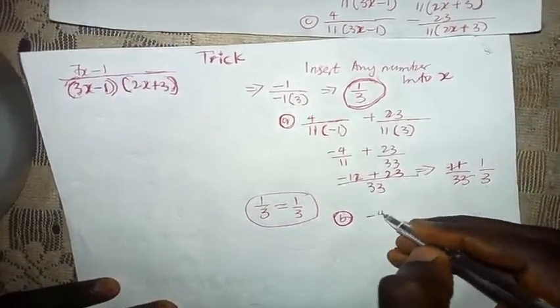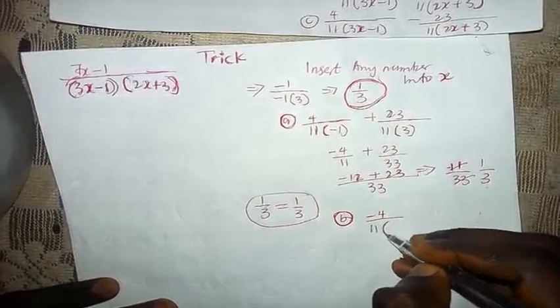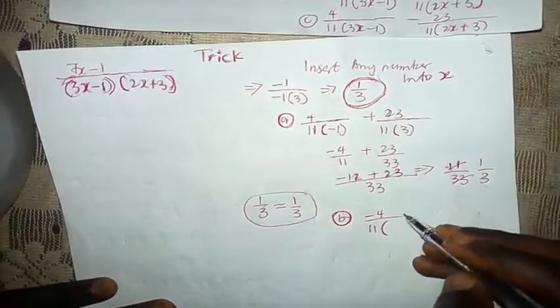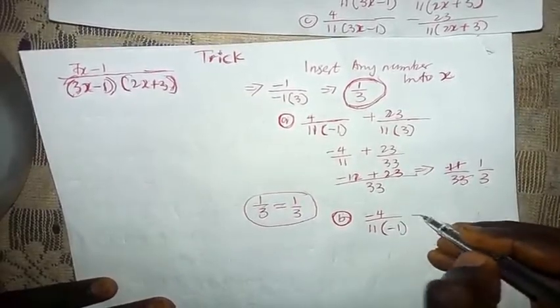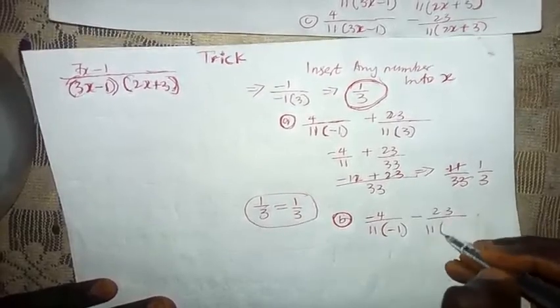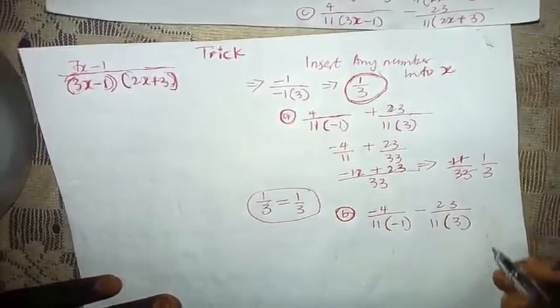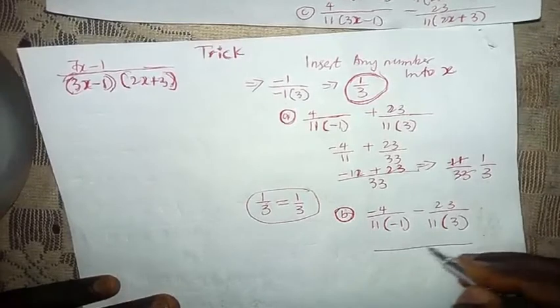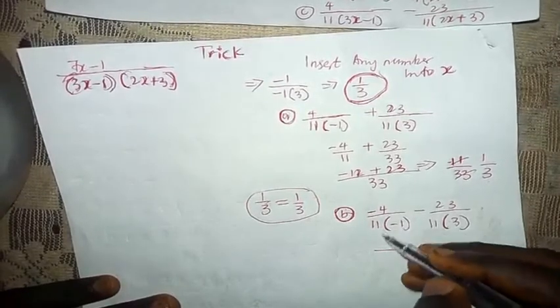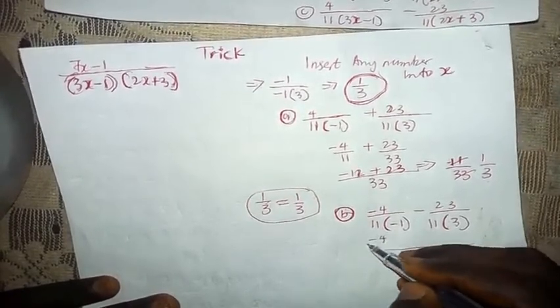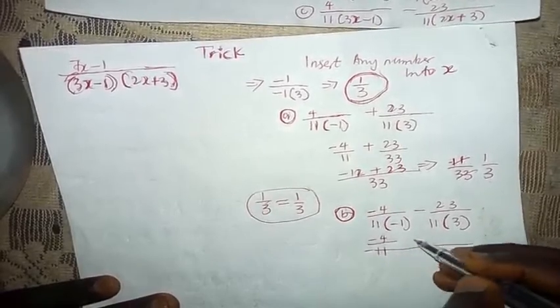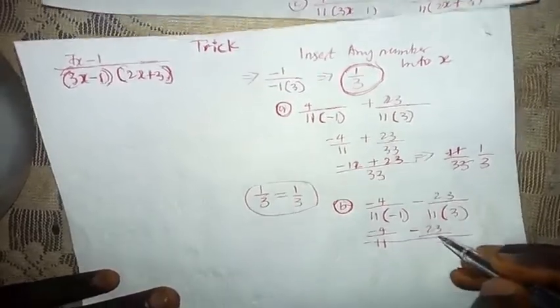So minus 4 over 11 into, I'm using 0, so that will be minus 1. Minus 23 over 11 into, I'm using 0, just 3. So you solve this one, this will be minus 4 over minus 11 minus 23 over 33.